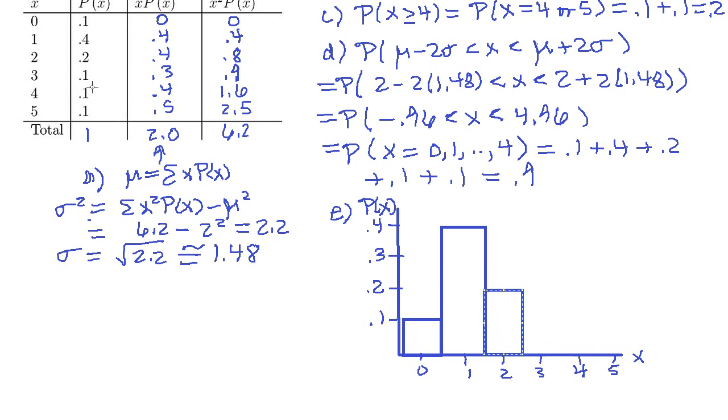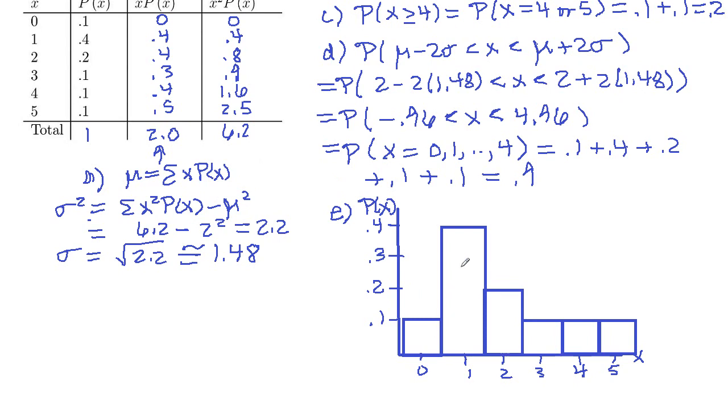And then 3, 4, and 5 all had probability of 0.1. So those will be the same height as 0. Got a rectangle there, and one here, and one here. So that's a graph of our probability distribution.